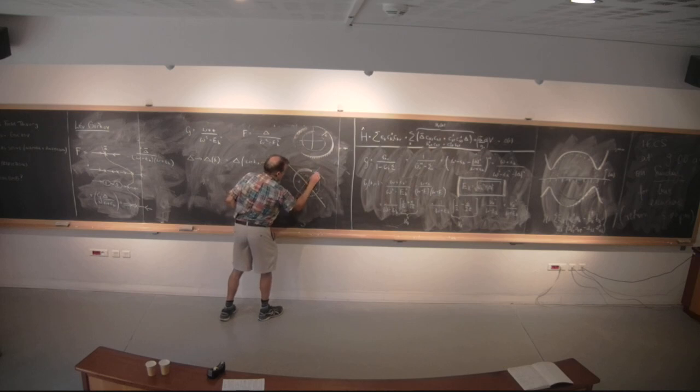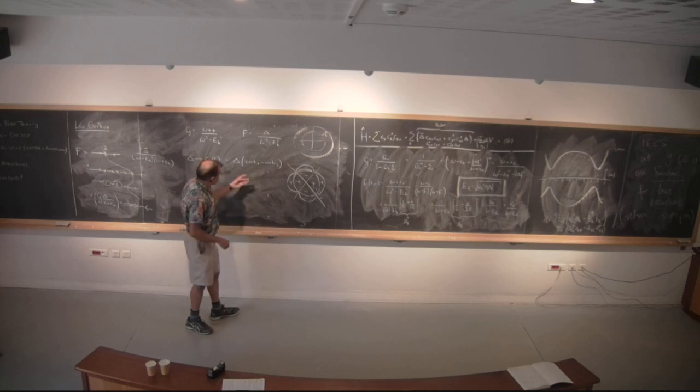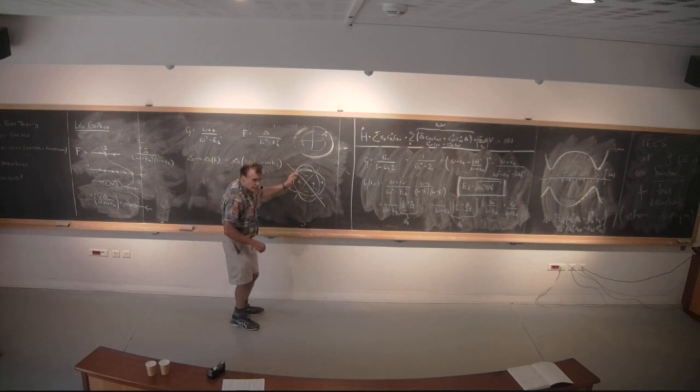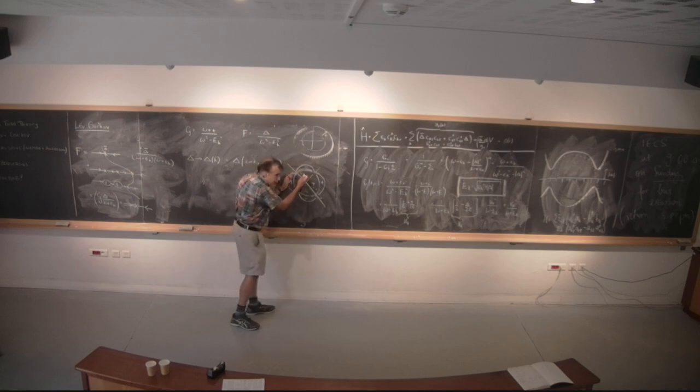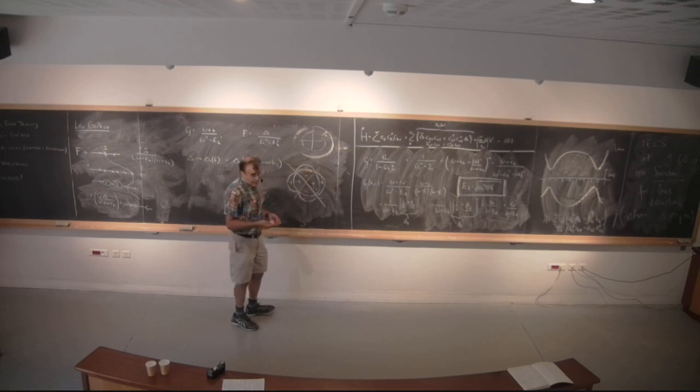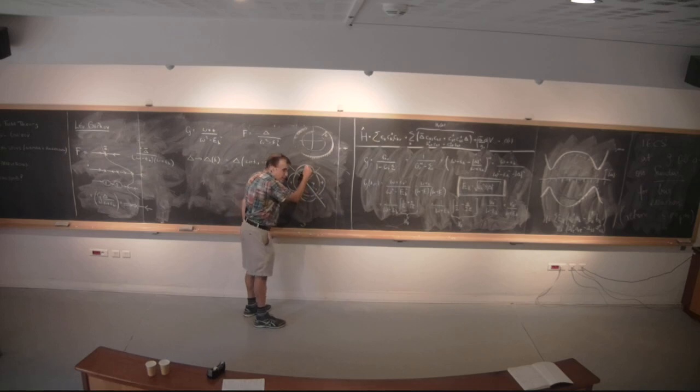The modulus of the gap goes like this. It's positive, negative, positive, negative. So this case has nodes in the gap. This case does not. These nodes are very important because they allow the scattering from here to here due to the magnetic fluctuations, which is repulsive.